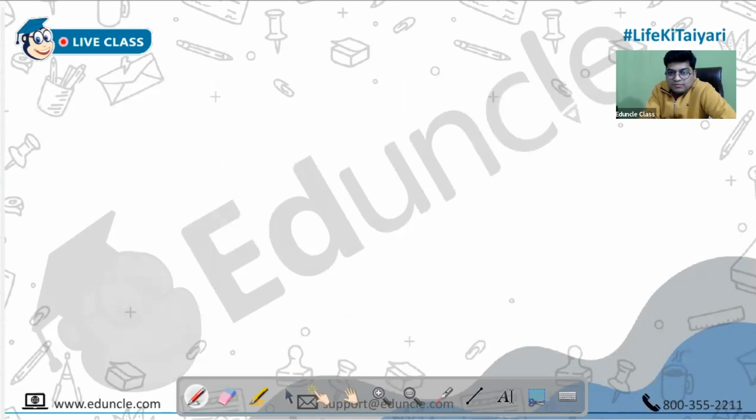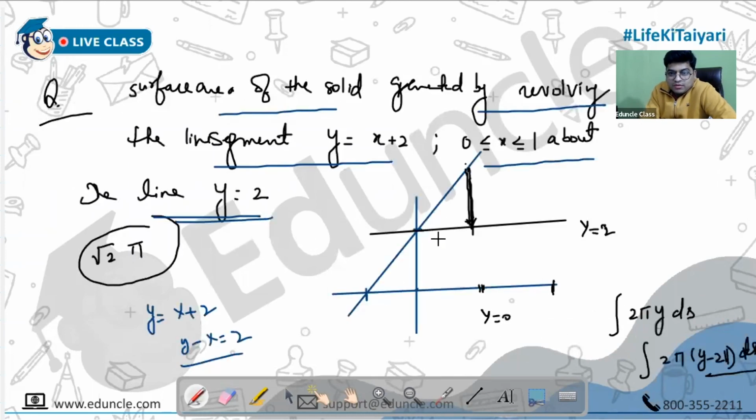See, actually, Pratiksha, we are rotating about y equals 2, which is parallel to the x-axis. So actually this is about the x-axis, but about this line instead. So if you go about this, you have to take dx here. What you are doing is dx here.